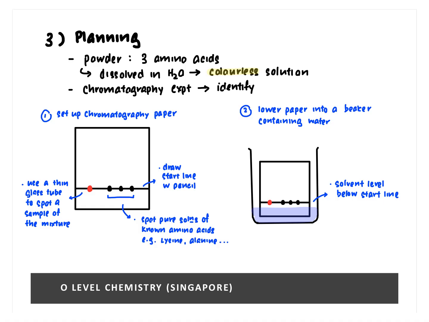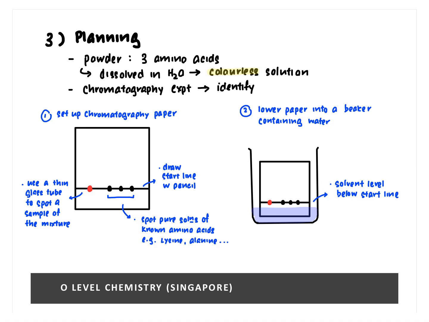So we use a thin glass tube to spot a sample of the mixture, and on the same chromatography paper we also spot pure solutions of known amino acids. That's important because in order for us to identify, we need reference to the pure samples as well.